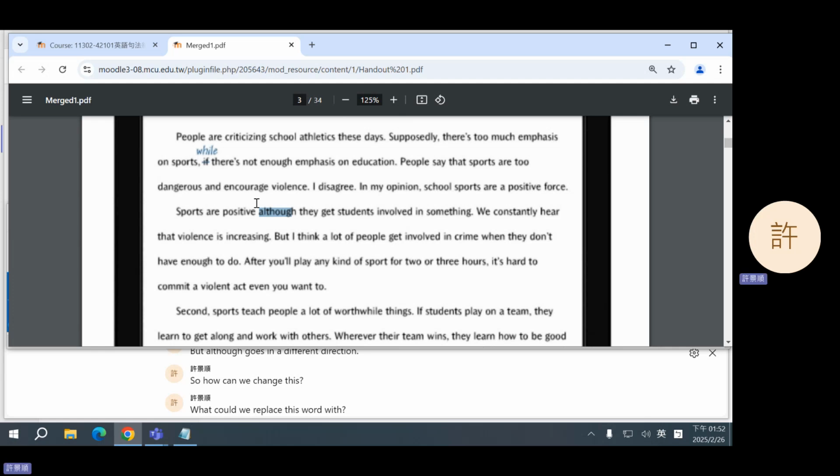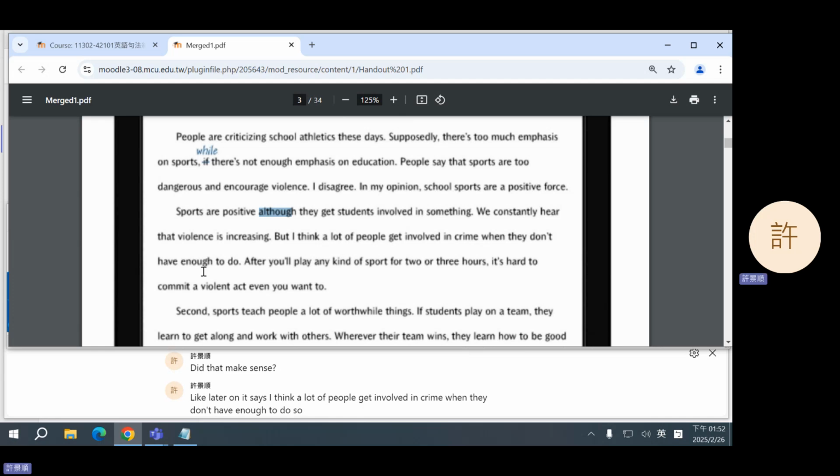I'm thinking we can use the word because. Sports are positive because they get students involved in something. Do you think that makes sense? Like later on, it says, I think a lot of people get involved in crime when they don't have enough to do.